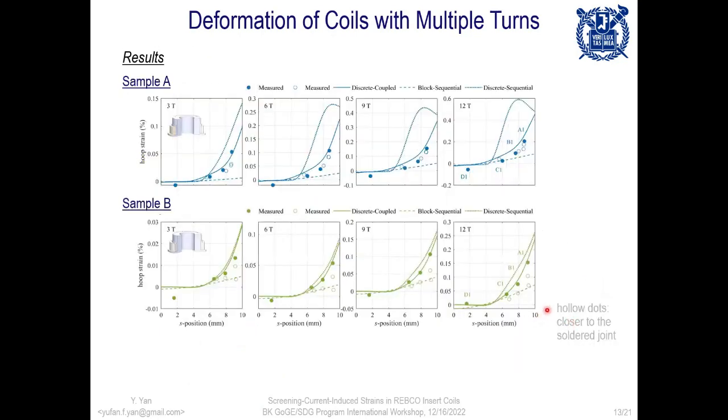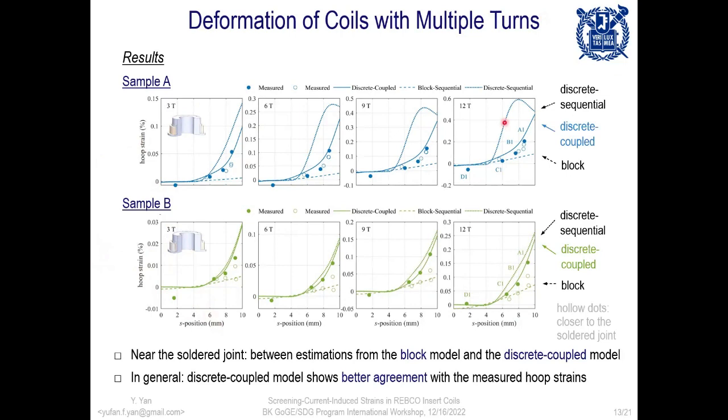Here is the distribution of hoop strains under a selection of magnetic fields. We have the data from sample coil A on the top, and the data from sample coil B with the overbanding belt on the bottom here. The 3 lines here represent estimations by applying the aforementioned 3 types of models respectively.